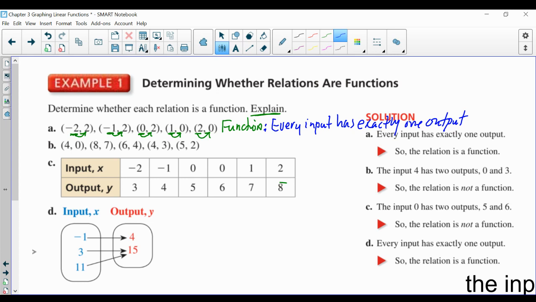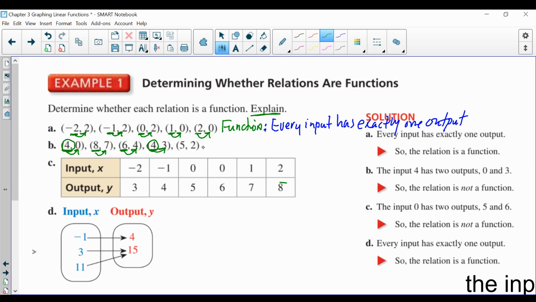Okay. Again, I'm going to look at the input. 4, I have a 0. 8, I have a 7. 6, I have a 4. Oh, look here. I have another 4. So I have 2 4s here with 2 different outputs. This 4 has a 0 output, and this 4 has a 3 output.